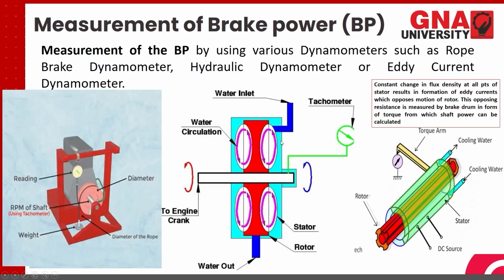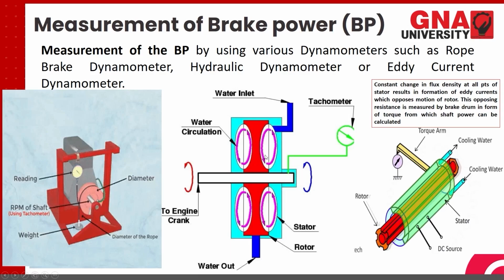Similarly in the third one, we have the red colored rotor, around which the stator is present. The stator is energized by DC sources, and current is passed through it. Due to that current, there is a constant change in flux density at all points in the stator, which results in the formation of eddy currents.